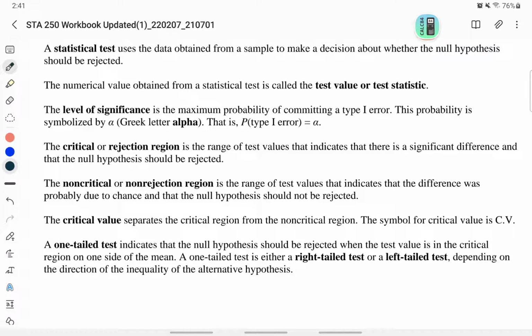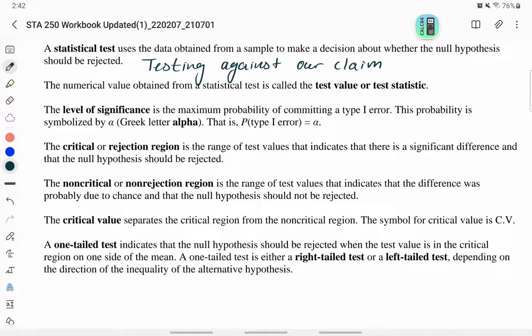A statistical test uses data obtained from a sample to make a decision whether the null hypothesis should be rejected. So I'm letting you know when we are doing research, we are testing against our claim. We test against our claim to reduce our bias.